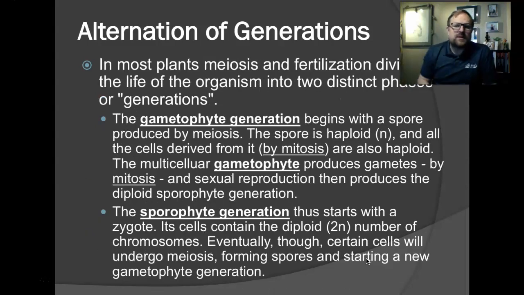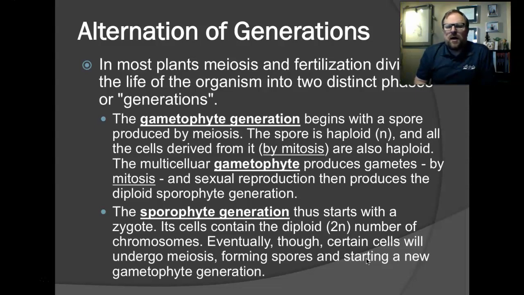In most plants, meiosis and fertilization divide the life of an organism into two distinct phases or generations. Okay, this is this alternation of generations that's going on. The two generations are called the gametophyte generation and the sporophyte generation.